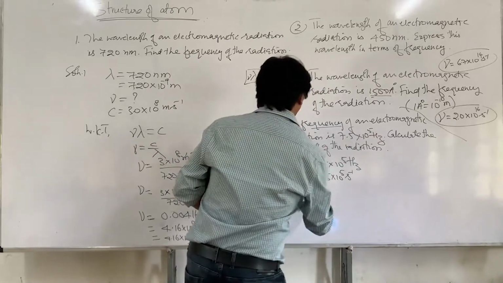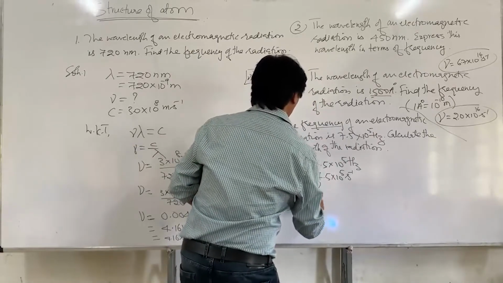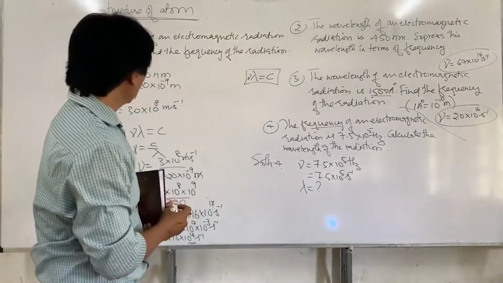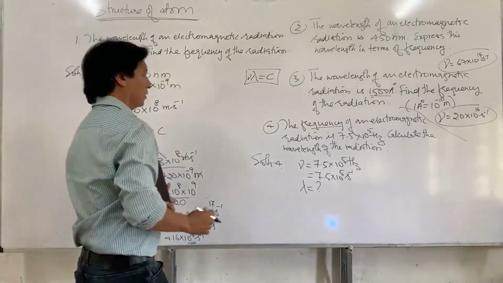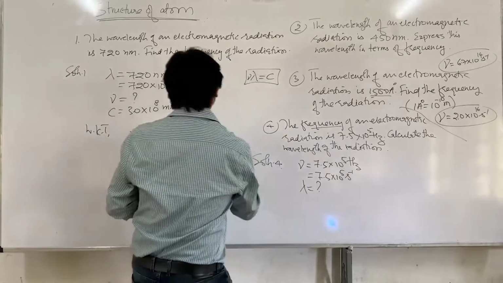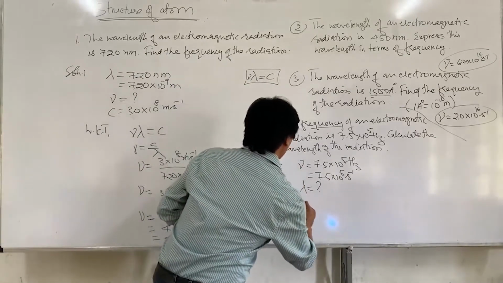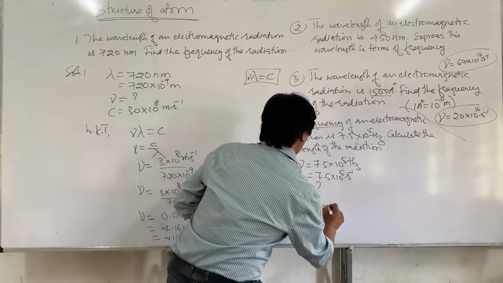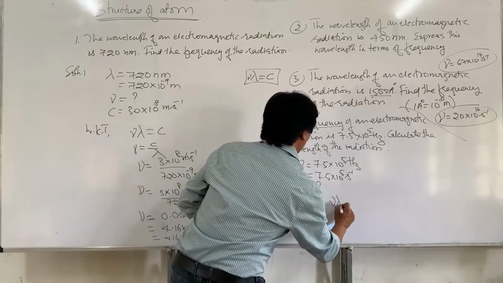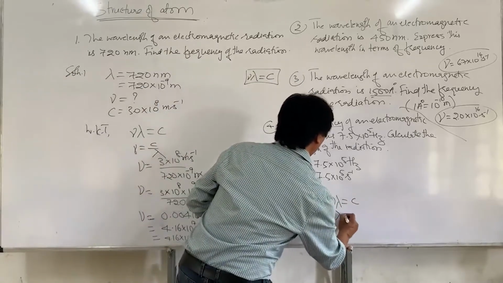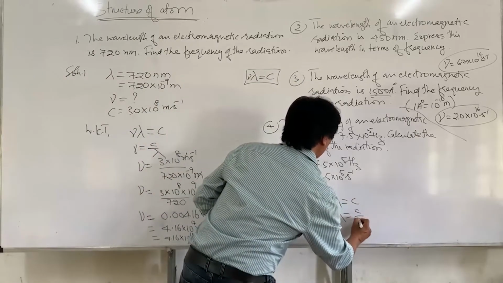And then you are required to find the wavelength. Put a question mark here. And here once again the same relation you can use, that is C is equal to nu lambda, or you can write nu lambda is equal to C. Now what you need to find here is lambda, the wavelength, which is equal to C by nu.